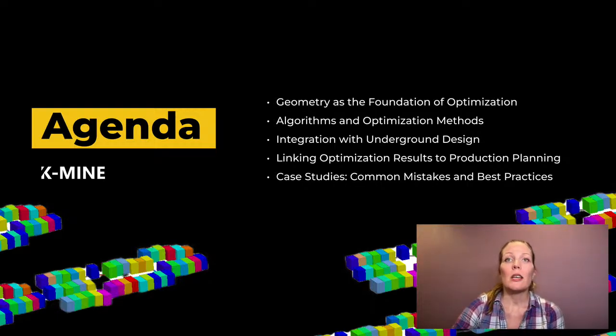From there, we'll see how these tools tie directly into underground design and how to connect optimization results with real production planning so the outputs are truly usable. And to wrap things up, we'll go through a few case studies that highlight common mistakes and best practices, giving you a clear sense of what to watch out for and how to apply these concepts effectively in real projects.